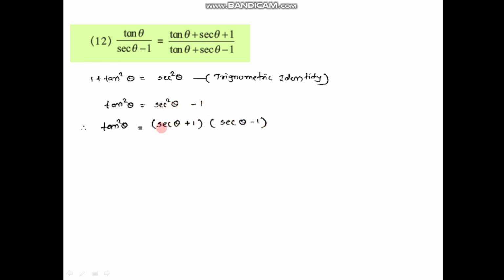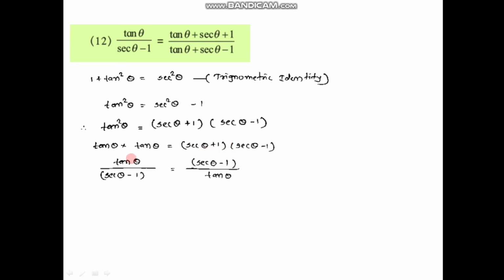So in the first bracket we have sec theta plus 1, and in the second one we have sec theta minus 1. Now we can split tan square theta as tan theta into tan theta, that is equal to the right hand side as it is. Now if we take sec theta minus 1 to the left hand side, it will become the denominator. On the right hand side we will have sec theta plus 1 divided by tan theta.